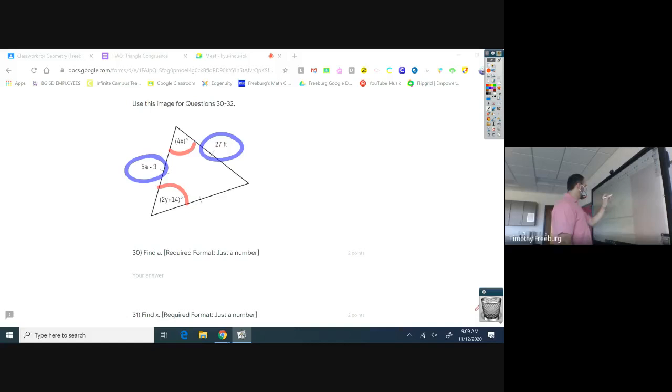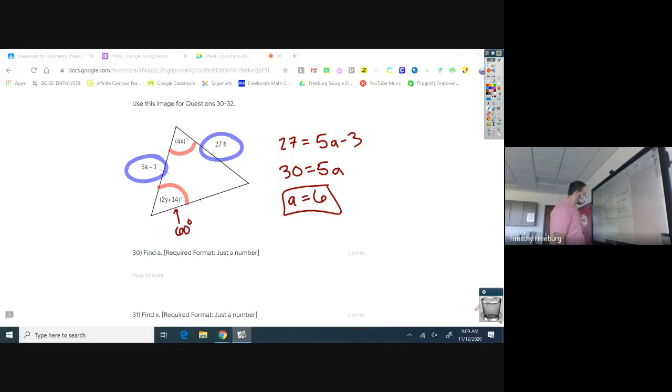So 27 is going to be equal to our 5a minus 3. So 30 equals 5a, a equals 6. So I'm going to divide by 5 on both sides. Over here, this is equal to 60 degrees. So that's really important to remember since there's a different variable up here, right?